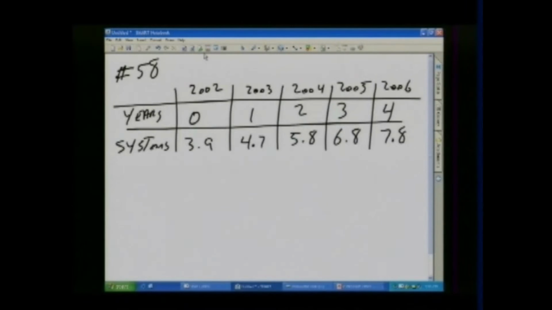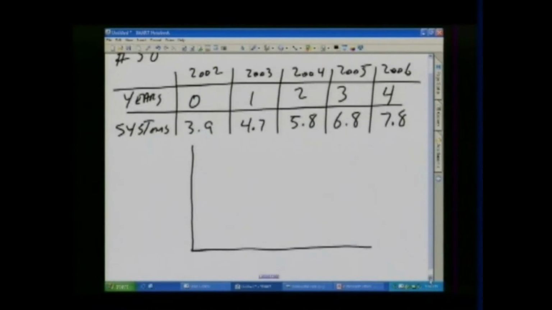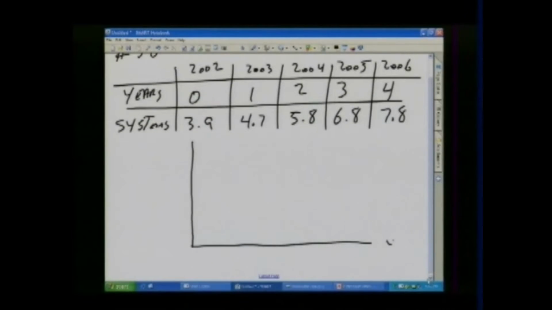These are the information given. A, it says plot the annual sales versus year. Normally, for the Cartesian coordinates, they put year on the horizontal axis. Here is 0.